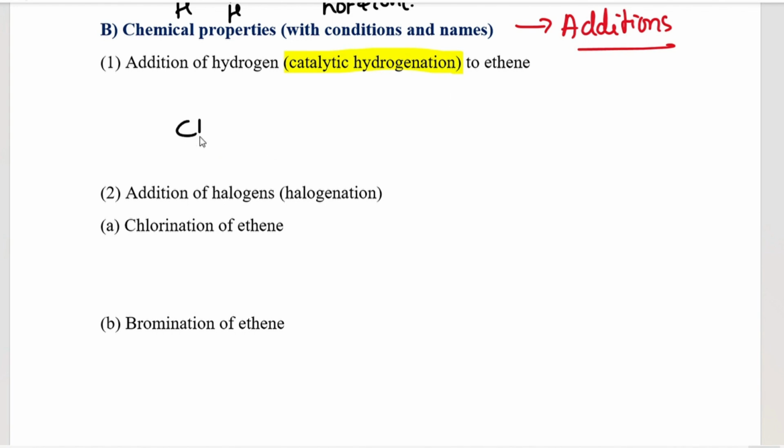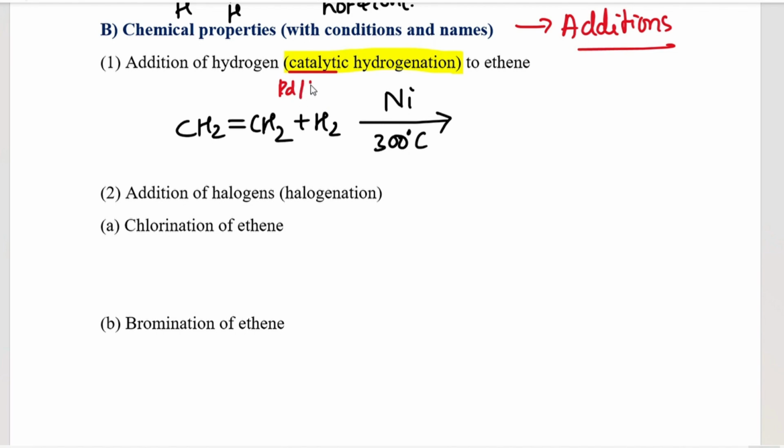To ethene, so write here CH2 double bond CH2. What you are adding? Hydrogen. So H2. Catalyst what we are using commonly? Nickel. Okay, temperature is around 300 degrees Celsius. The catalyst can also be palladium or platinum or nickel. Okay, any catalyst. Now what happens? This hydrogen will go and add to the double bond.